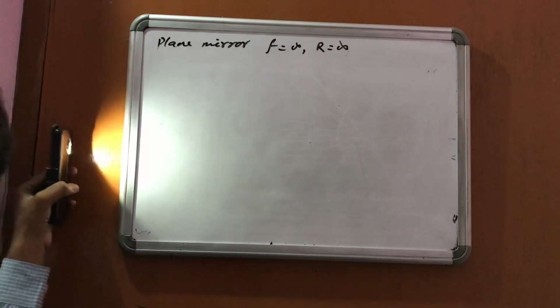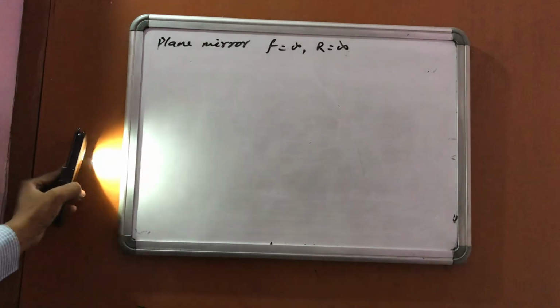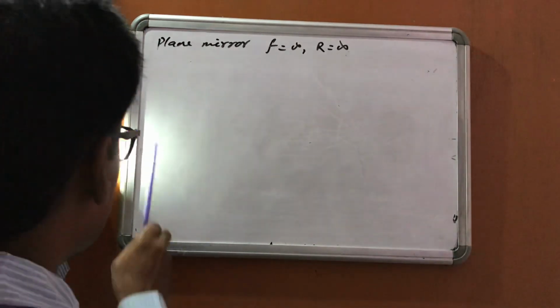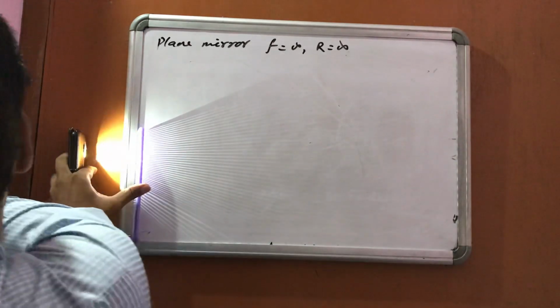Imagine this is a parallel beam of light. Imagine, because a parallel beam of light can be seen only when it is taken away from it. Try to observe the reflected beam.